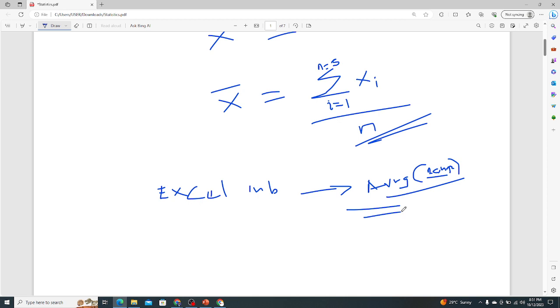So we shall also check this when it comes to the Excel inbuilt function.